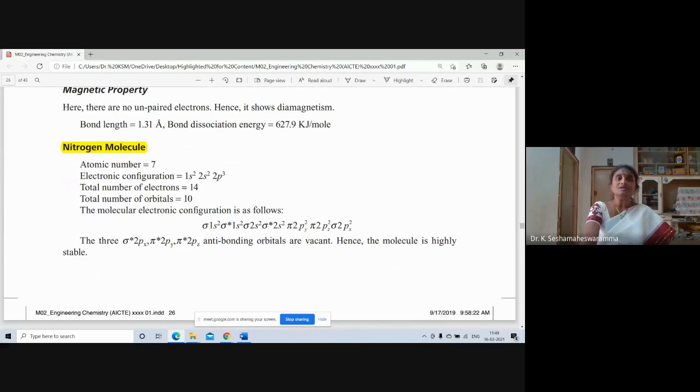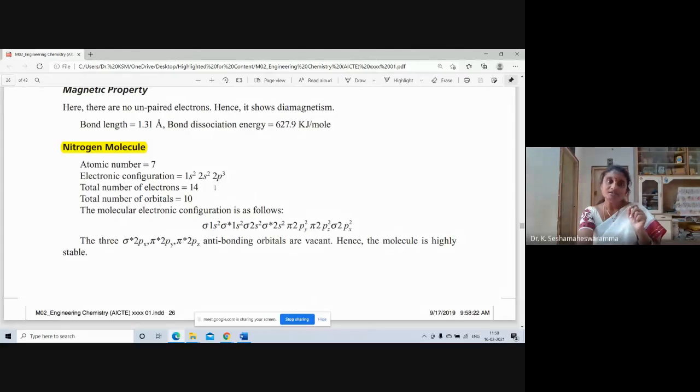Atomic number is 7. Electronic configuration is 1s2, 2s2, 2p3. Total number of electrons is 14 from 2 nitrogen atoms. But total number of orbitals is 10. This is 1 orbital, this is 2 orbital, and from the p subshell 3 orbitals will come. From each atom 5 orbitals.